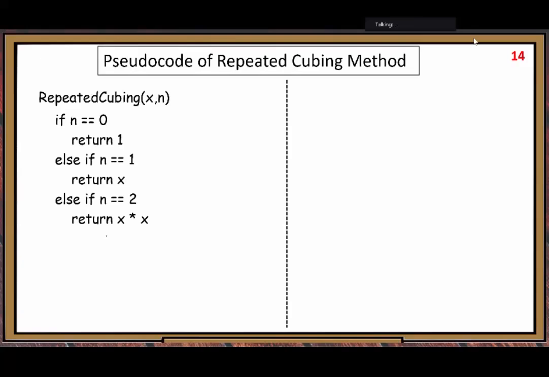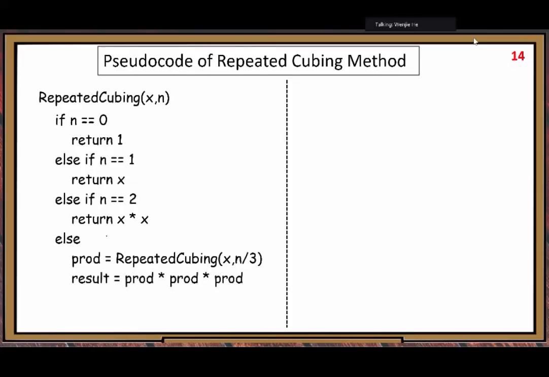Then for the general case, recursive call. Here we do division by 3. After that, on the result we do the cube operation. Then next, we look at the remainder.